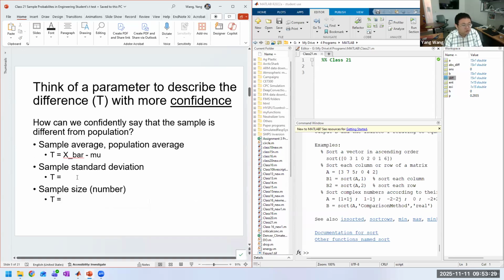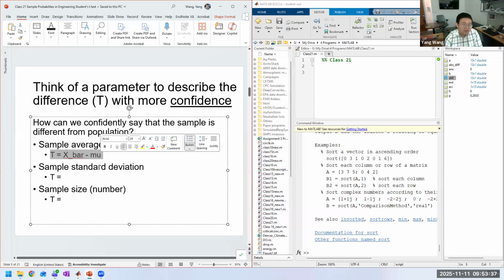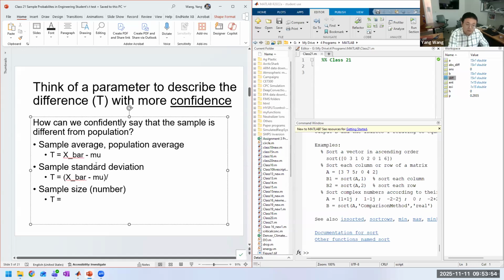So because of that, we have to consider the standard deviation and try to modify this T number. If we're seeing a large T number, but at the same time the sample is showing a large standard deviation, then we have less confidence to say that the sample is different from the population. So we should be using the X bar, and then let's divide by the standard deviation.